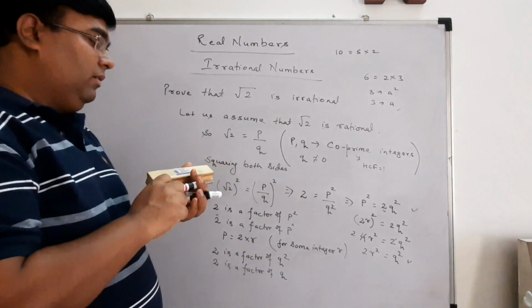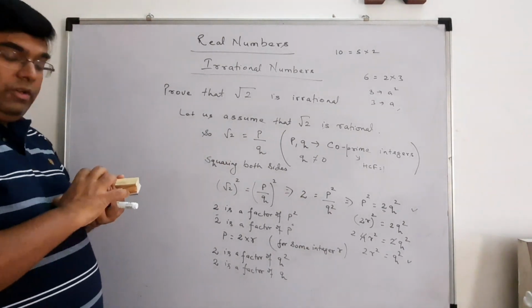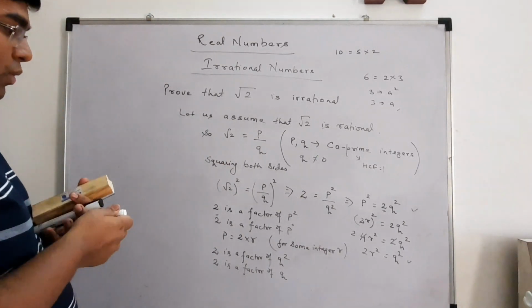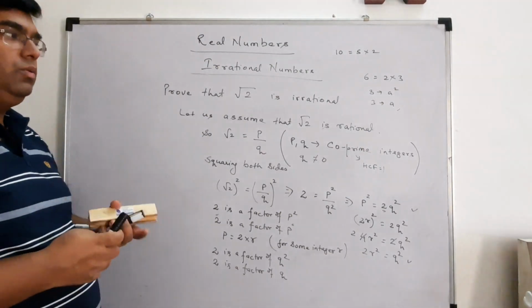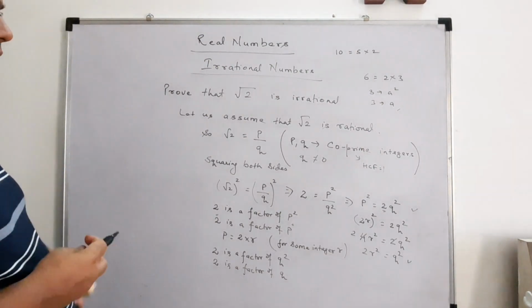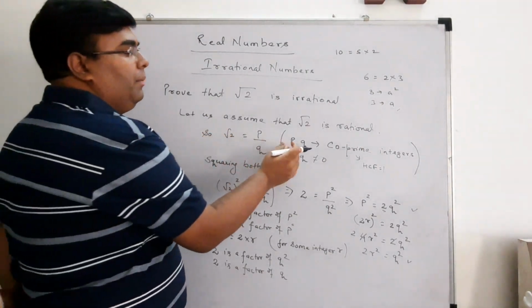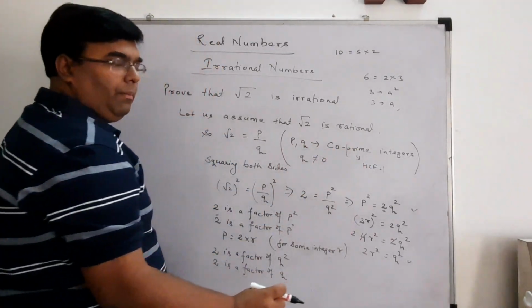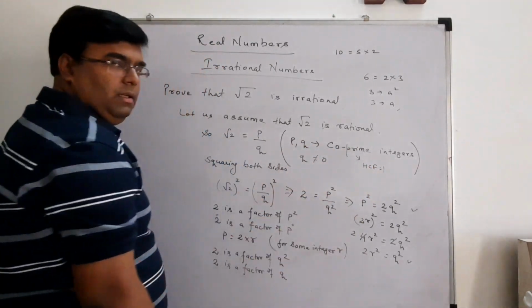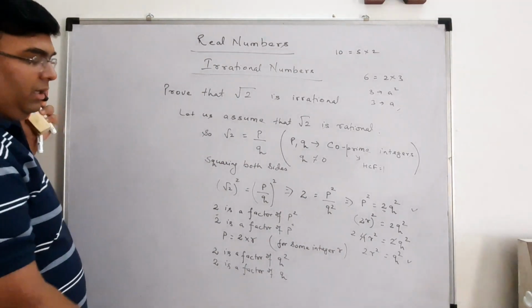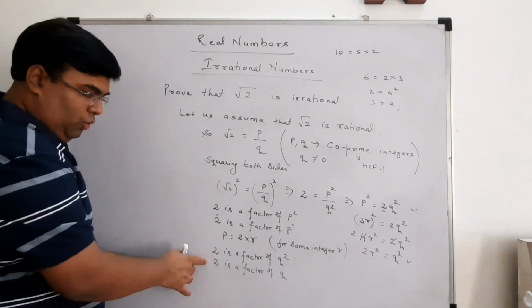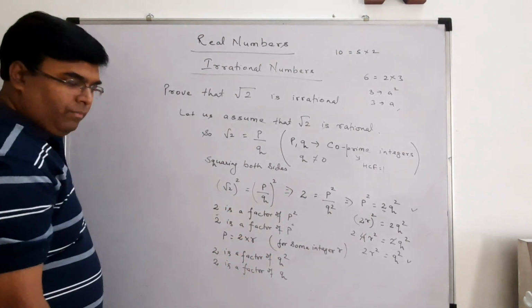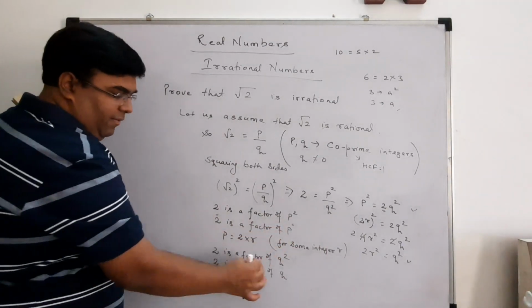Now 2 is a factor of q square, 2 is a factor of q, and we already know that 2 is a factor of p also. But our assumption was that p and q are co-prime. Only one can divide this p and q both. But here we have shown that 2 can also divide p and q. 2 can divide p, 2 can divide q.